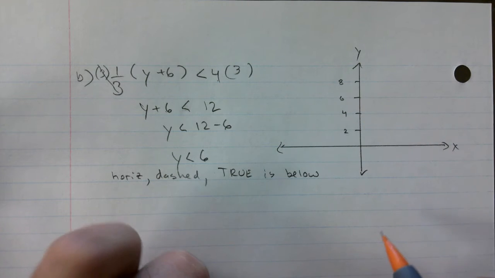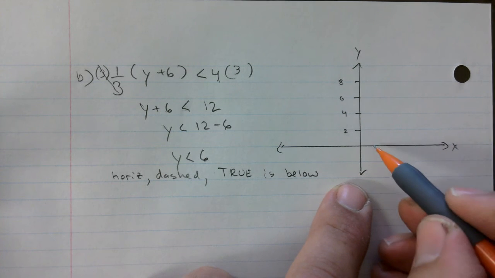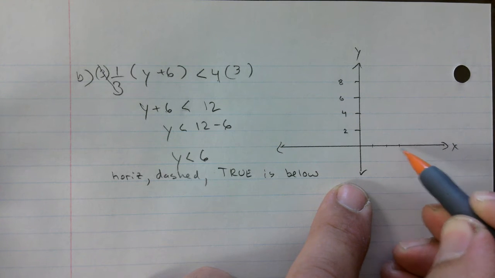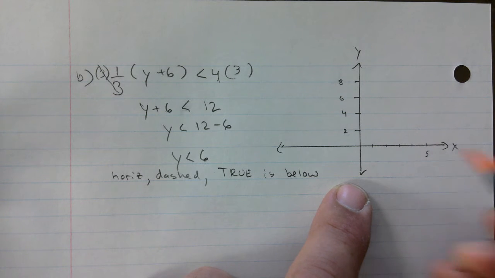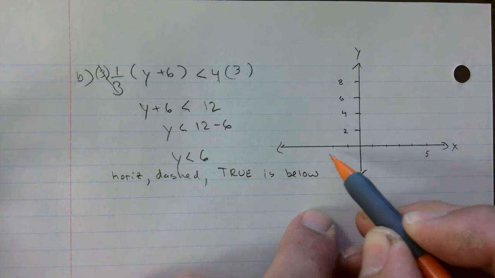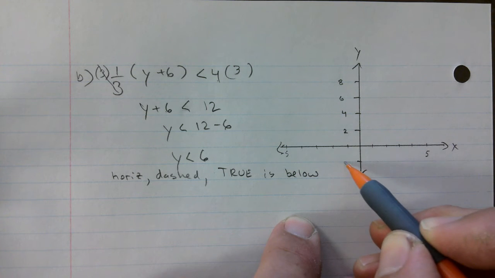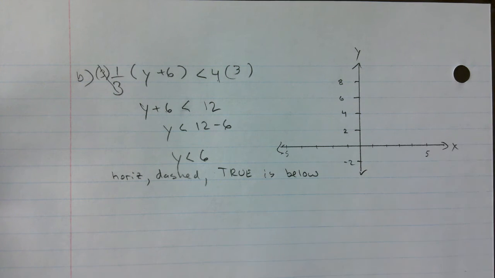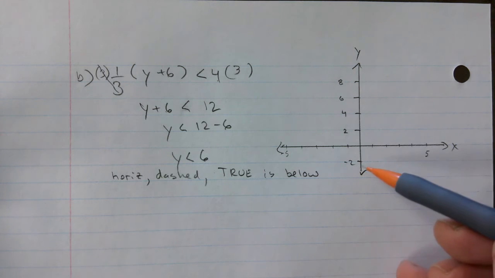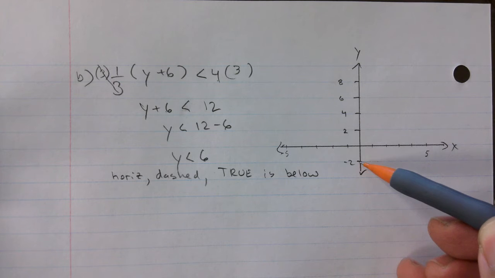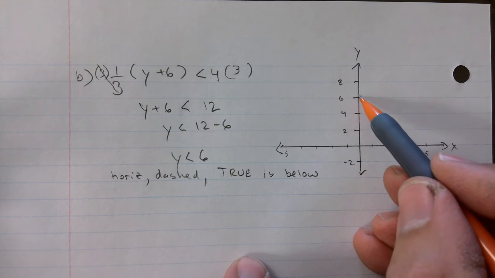So every mark is worth 2. Let's just put a couple marks here. And look, my scale for the y-axis is consistently 2. See, I show that I'm going -2 here. And 0, 6 is right there.